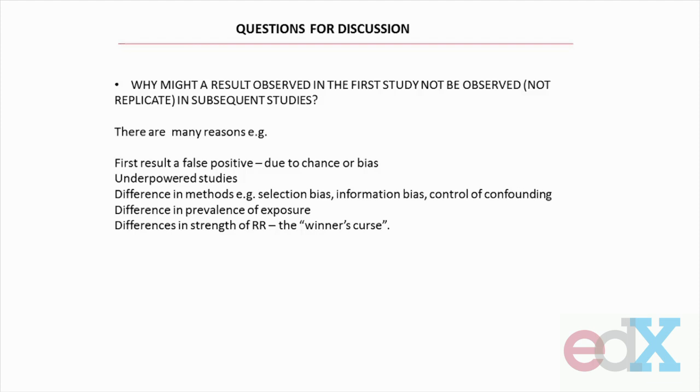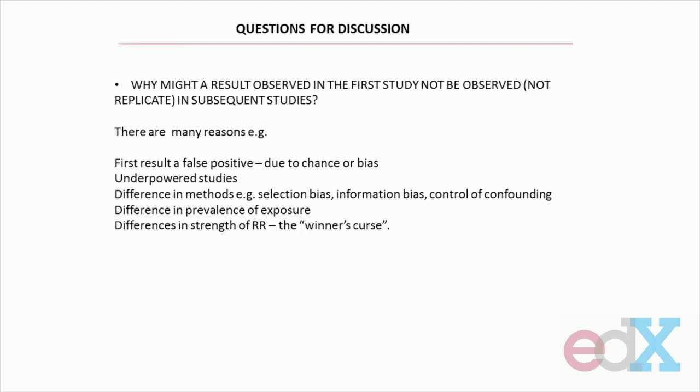The associations that you declare to be positive in your initial study are going to be the associations that have the strongest effects because they need to be strong to survive multiple comparisons testing, and some of that strength may be due to a chance excess in the strength of the relative risk.